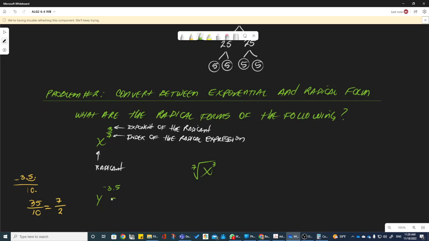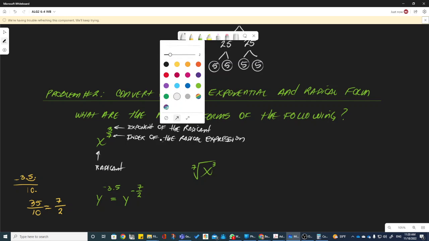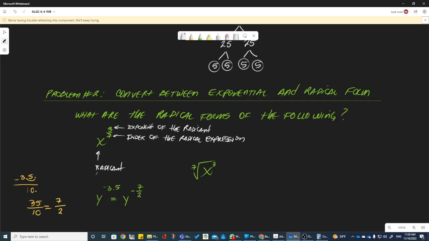So this expression is equal to minus 7 over 2. And the same rules apply. That's the radicand. Okay?